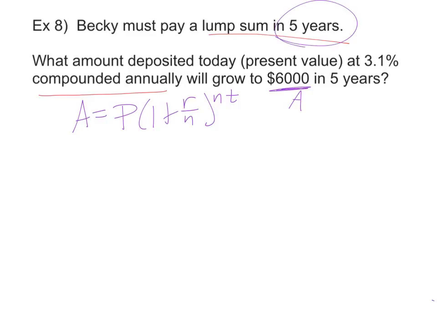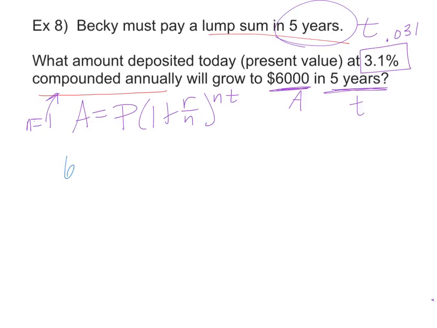We know 5 years is my time, and we know at 3.1% interest, that is a 0.031. And we also know, this is our 5 years again, which is our T. Compounded annually means that N here is going to be a 1. So let's plug it all in.